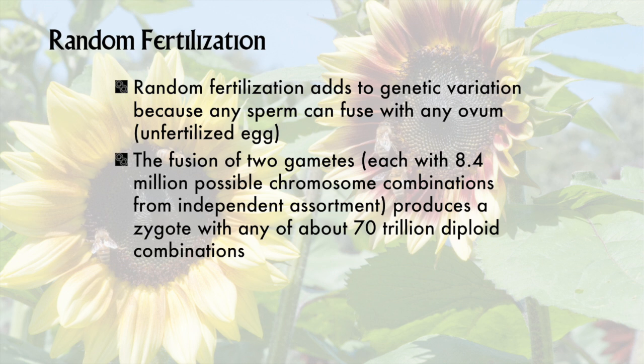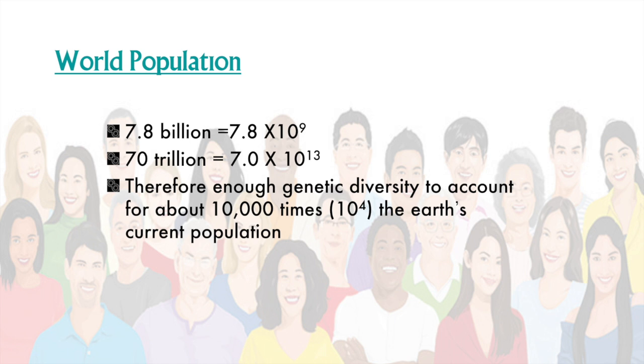So to put that in perspective, the Earth's current population is 7.8 billion, or 7.8 times 10 to the 9th power. 70 trillion, which is the number of combinations of the fusion of sperm and egg, is 7 times 10 to the 13th power. Thus, there's enough variability in our uncrossed over chromosomes combining into the zygote to form you or me or whomever to make sure that even if the Earth's population increased 10,000 times, there would be nobody on the planet exactly like you.